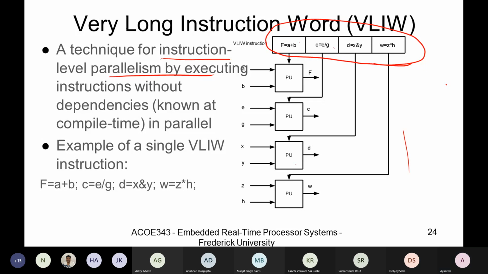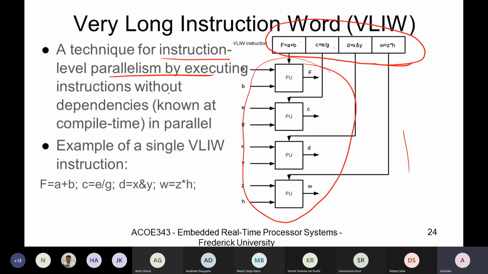But of course, I think no need to say that you need the support of hardware. Without this hardware support, we cannot form this very long instruction. Even if we form the VLIW instruction, it can't be executed in parallel.